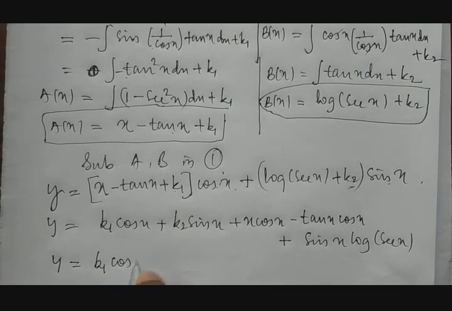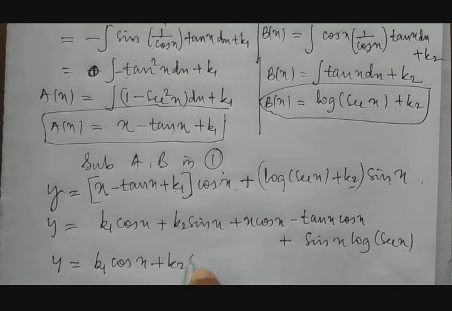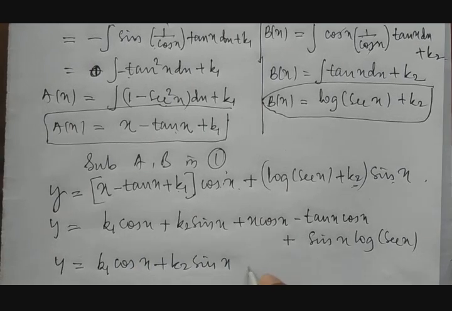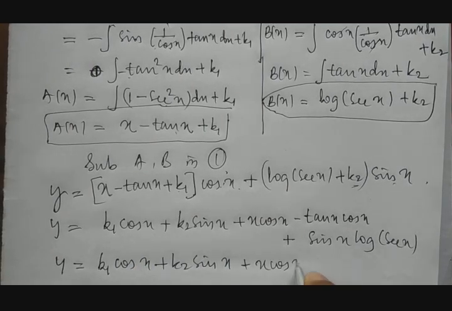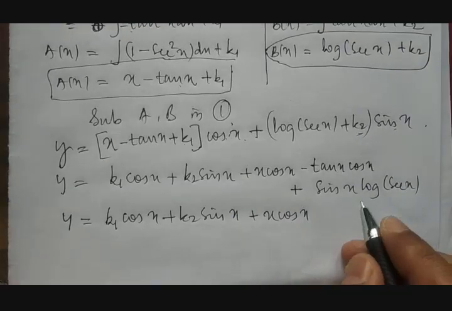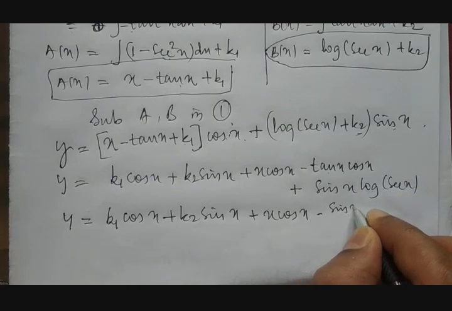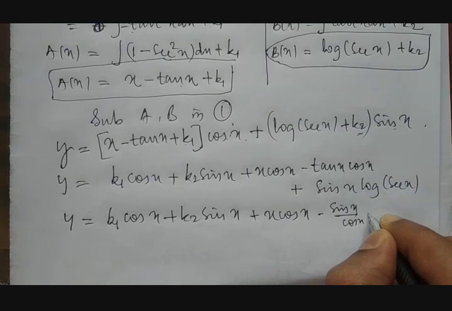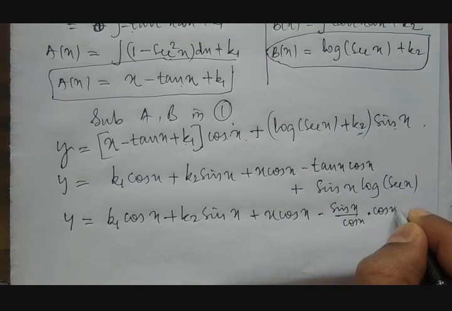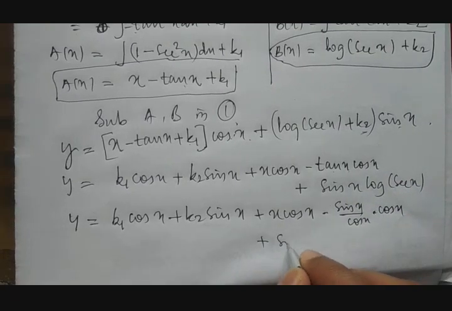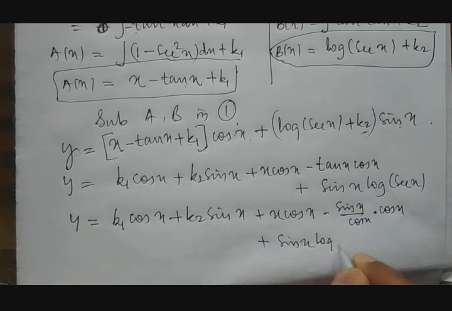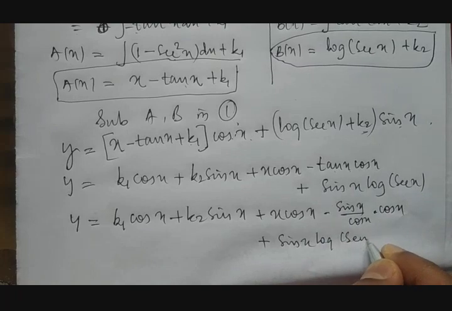k1 into cos x plus k2 into sin x plus x into cos x, I'll write as it is. Here we can see this tan x can be written as sin x by cos x into cos x, plus sin x into log of sec x.